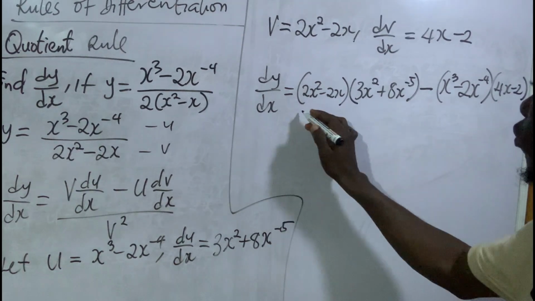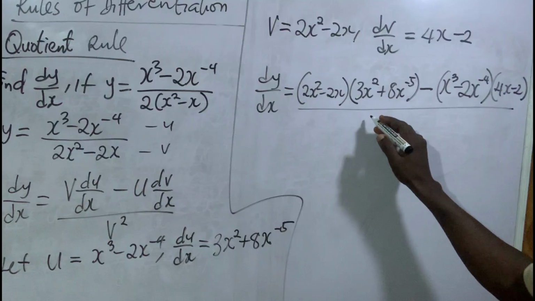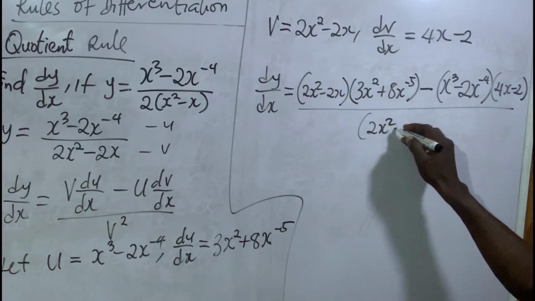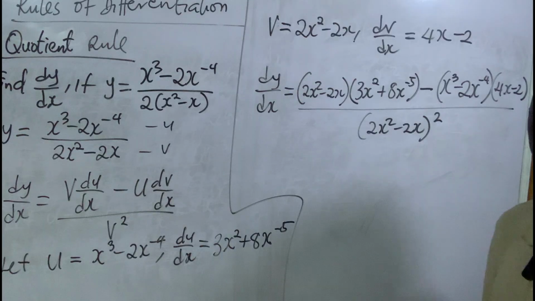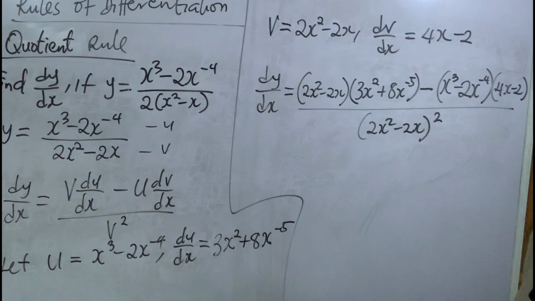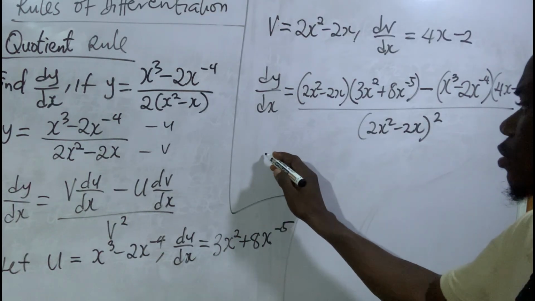So all over v squared, (2x squared minus 2x) all squared. So now we'll need to simplify by opening up the brackets.